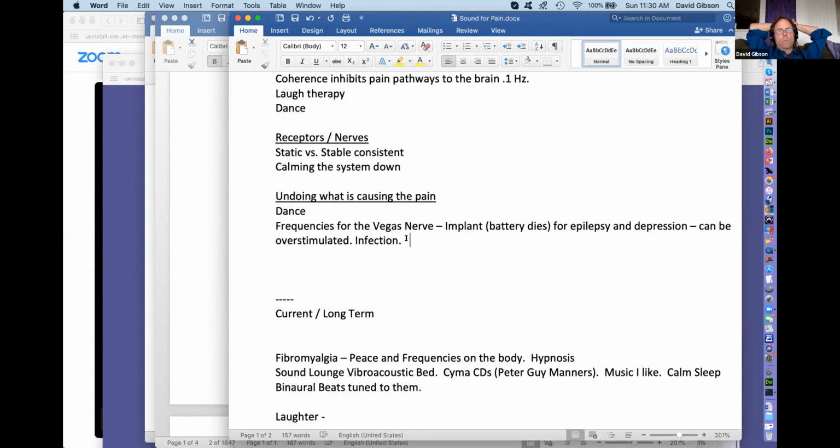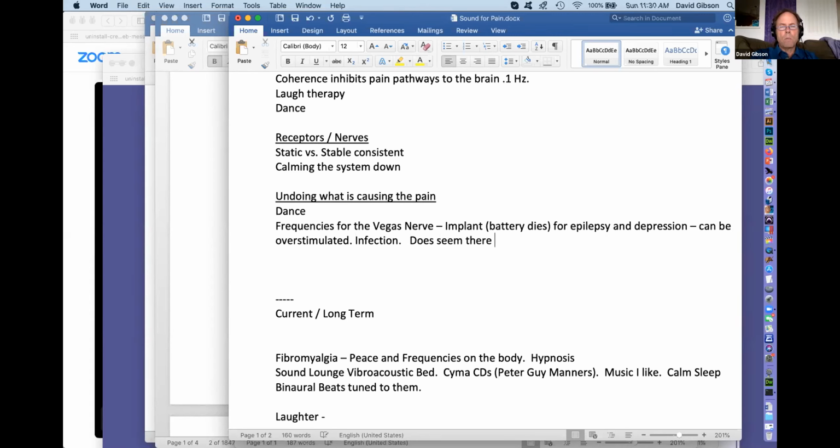Some that were used for migraines were between 5 and 10 hertz, and some that were used for epilepsy worked between 25 and 30 hertz. So in the research, it doesn't seem like there's a specific frequency for the vagus nerve. The different frequencies that go through the vagus nerve address different areas of the body.